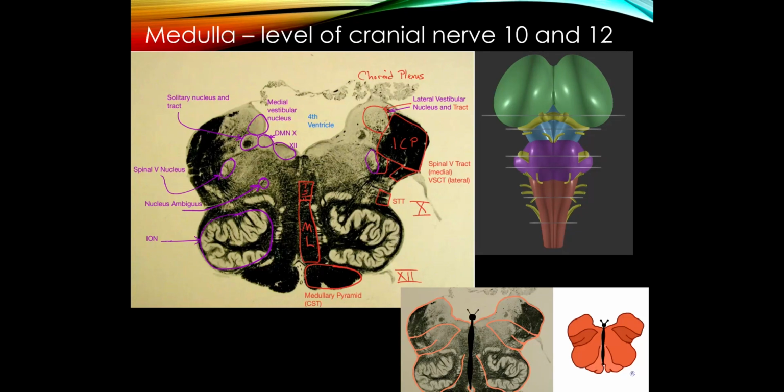Now, notice that we are now above the fasciculus gracilis and cuneatus. Okay, this is all now moved into the medial lemniscus. And so that has been replaced now by important vestibular pathways and nuclei.